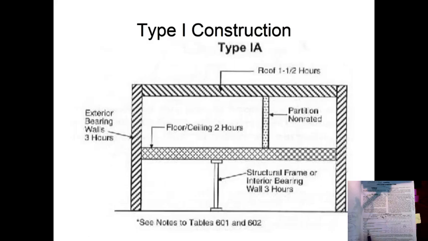If we do floor construction associated with secondary members, here's a floor construction. How do we do it? It has to have 2 hours, both of them. And normally that means it may be steel trusses with a concrete poured slab on top of it. So that would get a rating. Those are assemblies.